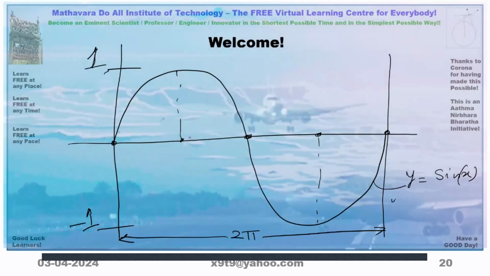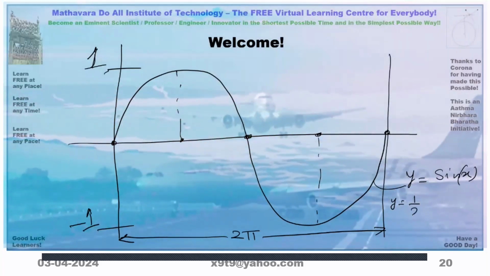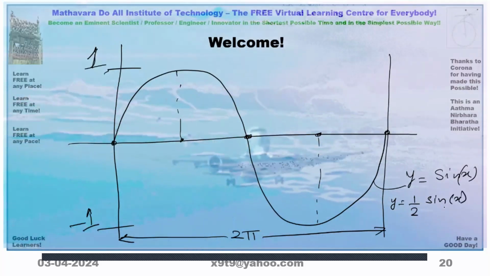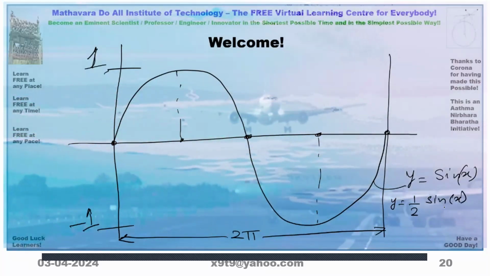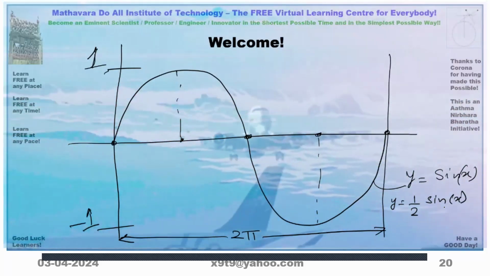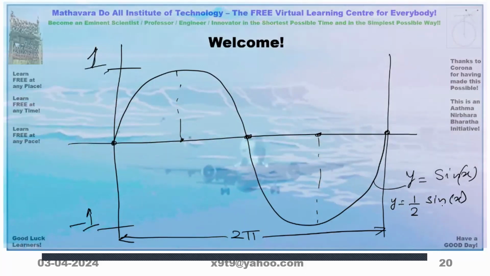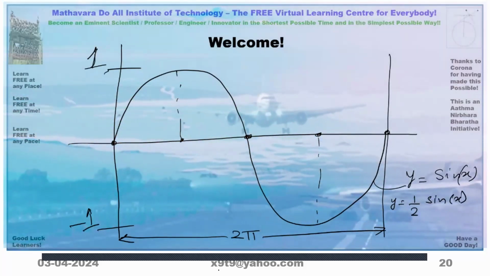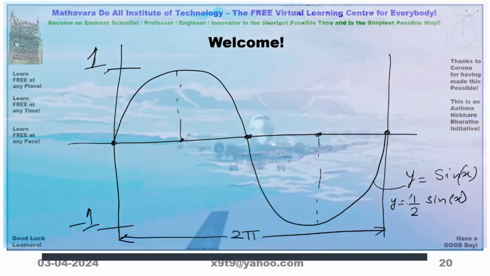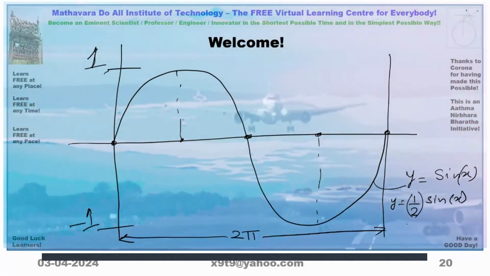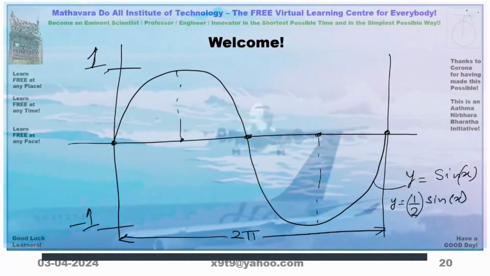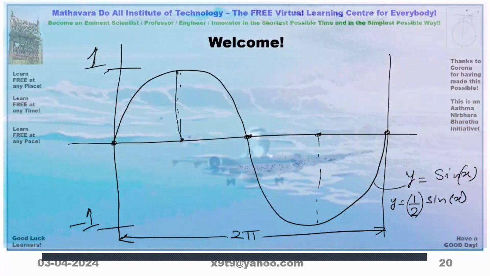Now, if we write y is equal to 1 by 2 sin x, how will the graph look like? Y is equal to half sin x. Everywhere, whatever is the height of this, multiply by half and write.